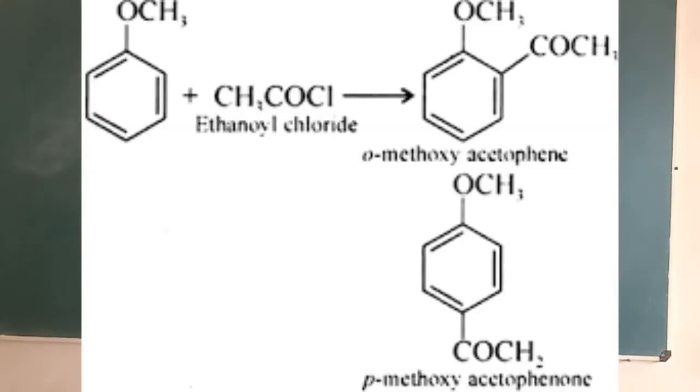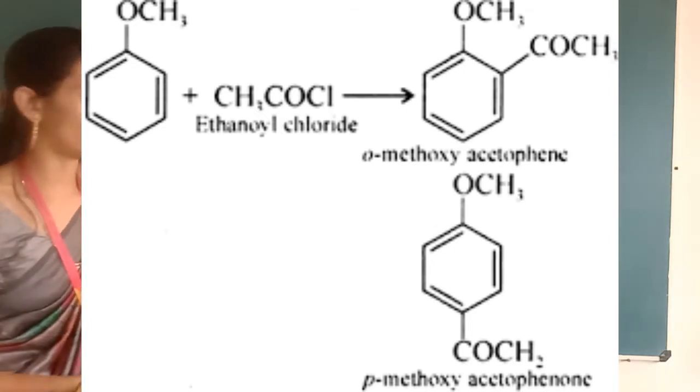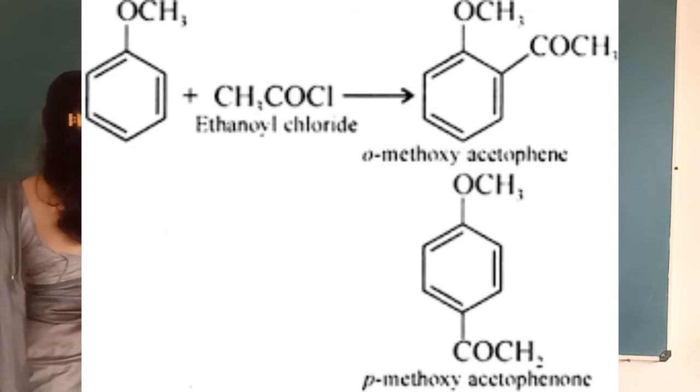The second reaction, that means by the acyl chloride. We are taking here that anisole reacts with acyl chloride. Then we are getting the methoxyacetophenone. See here what we are getting.